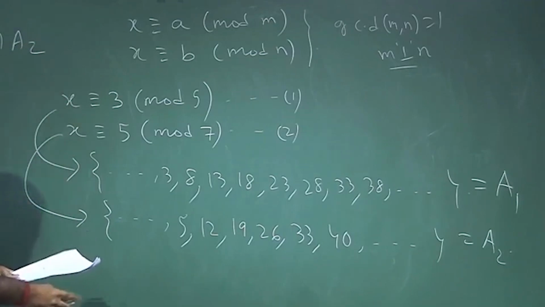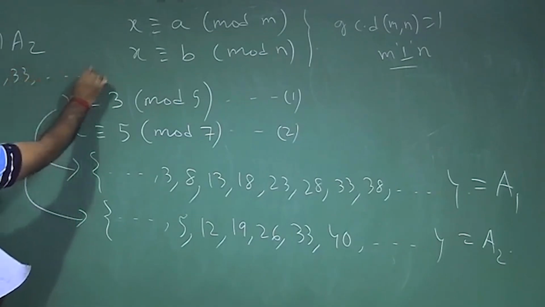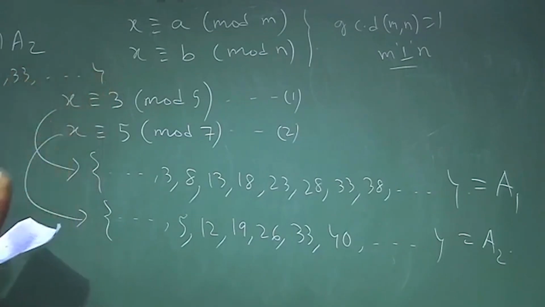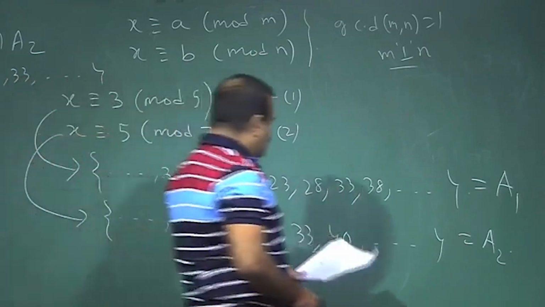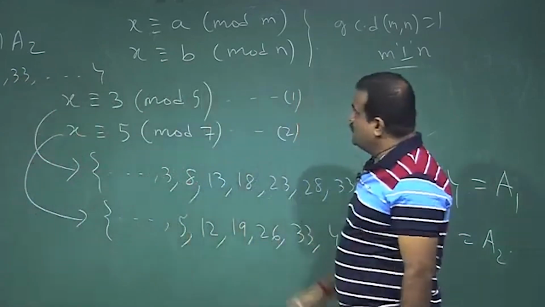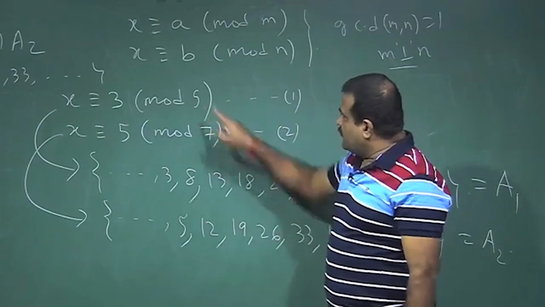So this is basically 33. Any two elements in this intersection differ by a multiple of 35.